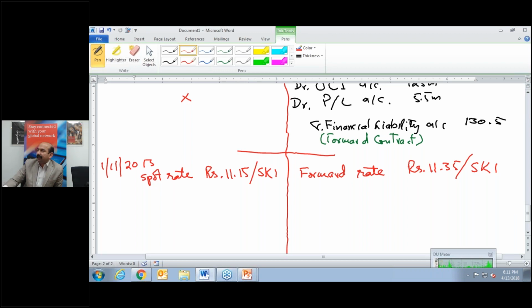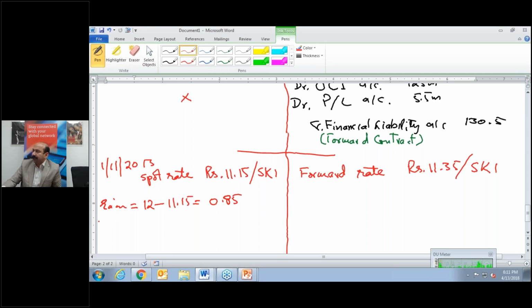So this means again there is a gain, and the gain is equal to the previous rate minus the current rate. So the gain in the spot market is 0.85 rupees.